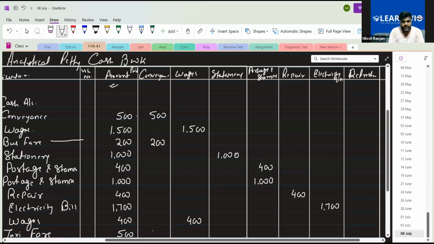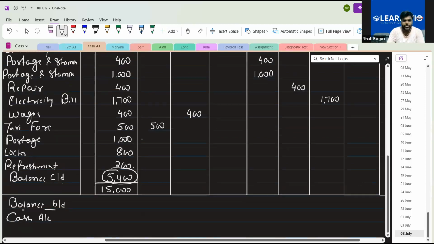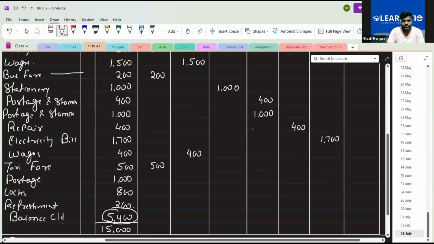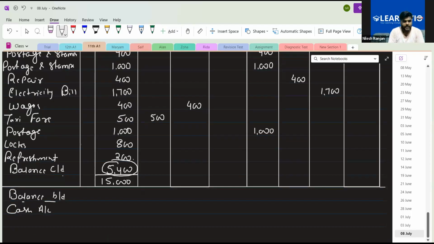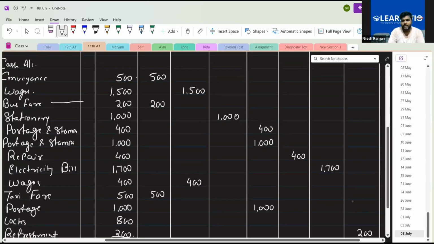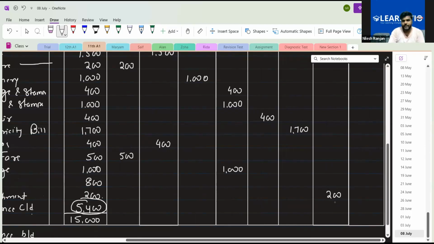Fare, it will be conveyance again 500. Then postage, again postage. So postage here in this column, it will be 1000. Then locks 800, refreshment 200. Refreshment will be here 200. And locks, there is a separate column for locks, 800.